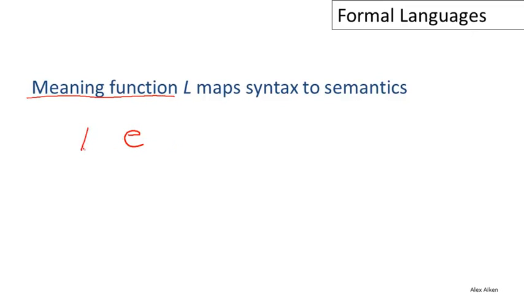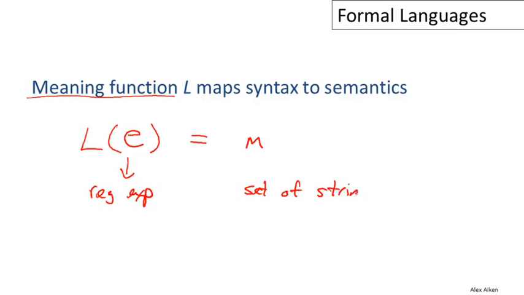And so we have a function L that maps the strings in the language to their meanings. For example, in the case of regular expressions, this would be a regular expression, and that would be mapped to a set of strings, the regular language that the regular expression denotes. And we saw an example where we wrote out the meaning function for regular expressions last time.